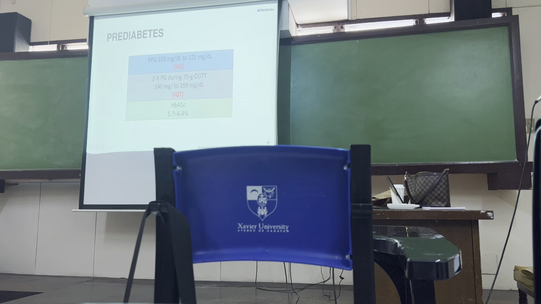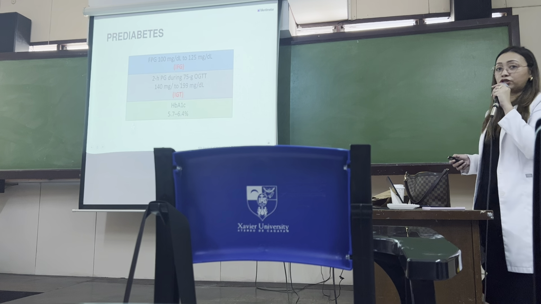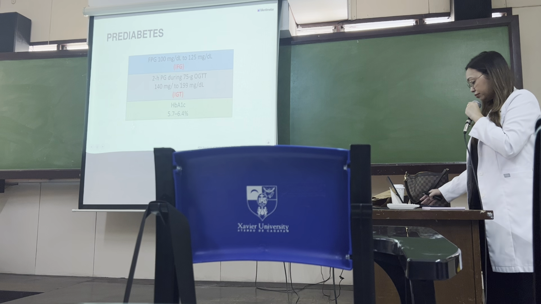For IFG, it's 100 to 125. Impaired glucose tolerance is 140 to 199, and A1C of 5.7 to 6.4. So take note of the terms. IFG is using the FPG or FBS, and IGT is using the 2-hour post-prandial 75 gram OGTT. Okay?